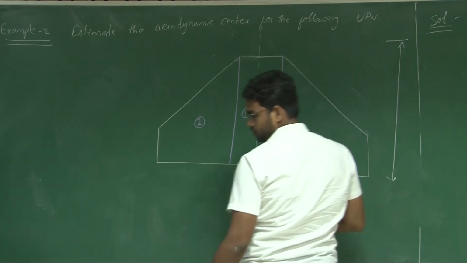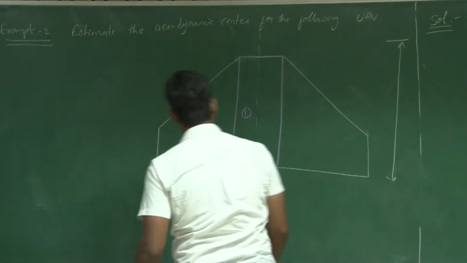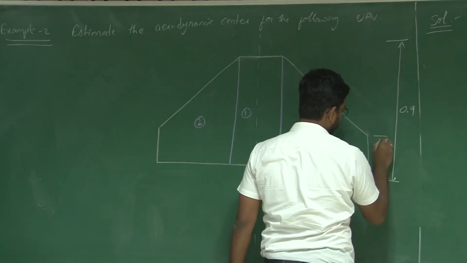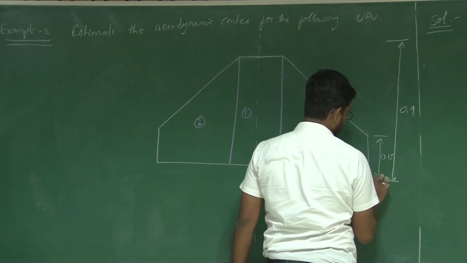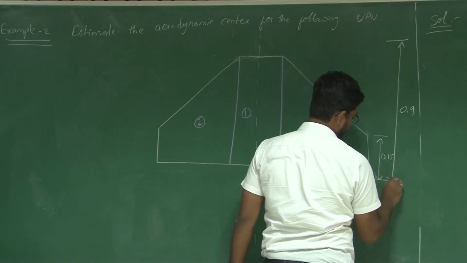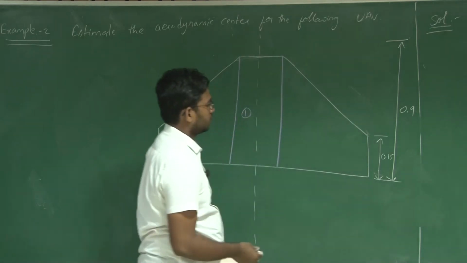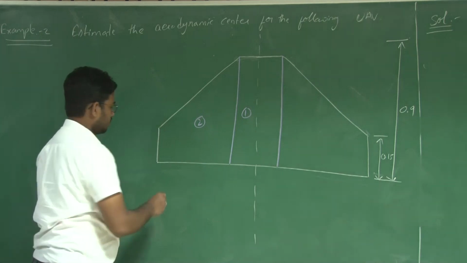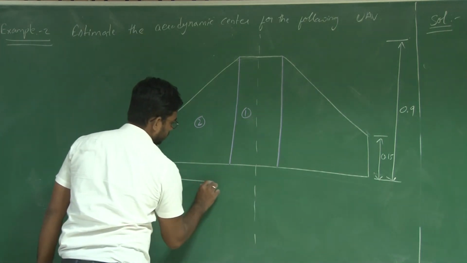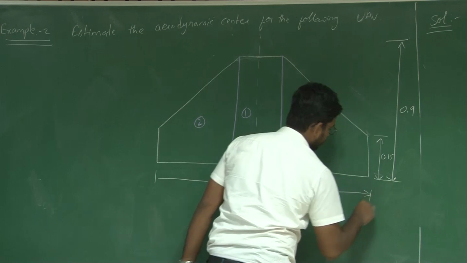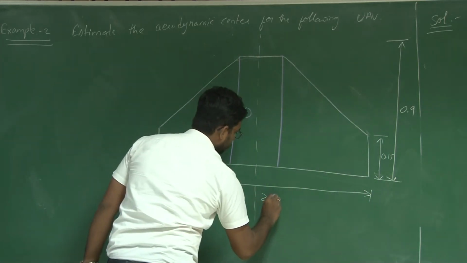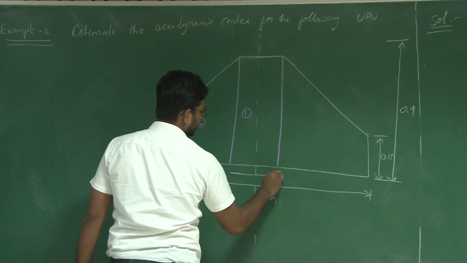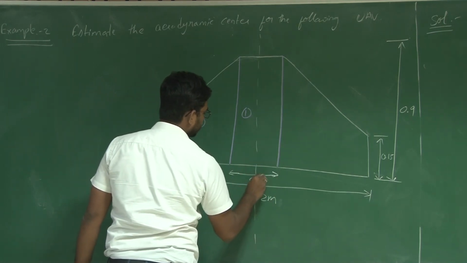Now let this be 0.9 meters and 0.15. Right. That means the root chord and tip chord are the same as the previous example. The span of this UAV is 2 meters, and say the rectangular portion is 0.5 meters.